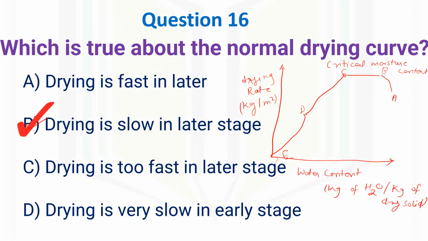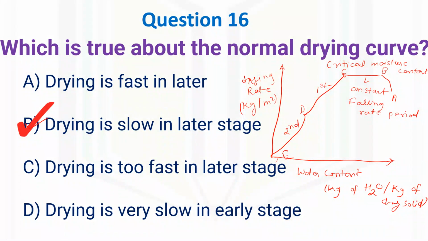And the drying rates are B to C is the constant rate period, followed by C to D is the first falling rate period, and this is the second falling rate period.